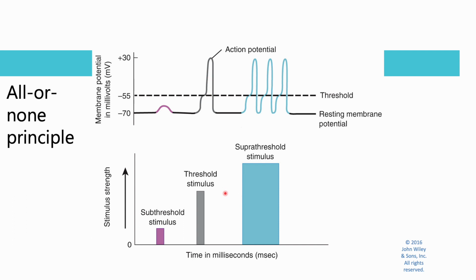Now, what if you have a supra-threshold stimulus? Remember, this is showing time, and this is showing the strength of the stimulus. So if we have a very strong stimulus, and if it's there for a long period of time, look what ends up happening. It still reaches the threshold and it causes depolarization. But what do we end up having?